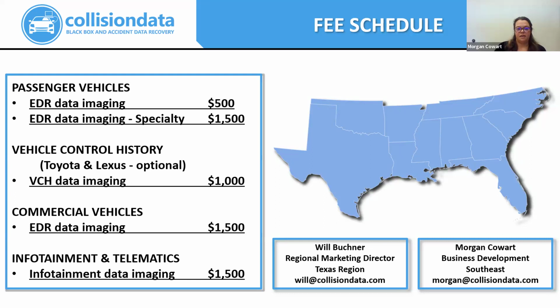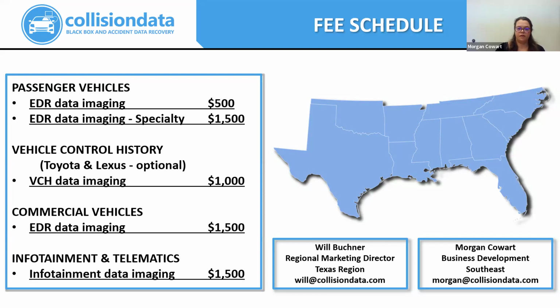And then the VCH vehicle control history is going to be $1,000 to get the EDR data imaging and the camera footage from the car. So it's not $1,000 plus the $500 for the EDR imaging. It's $1,000 for both, but you need the EDR data to get the VCH data because they go hand in hand together.